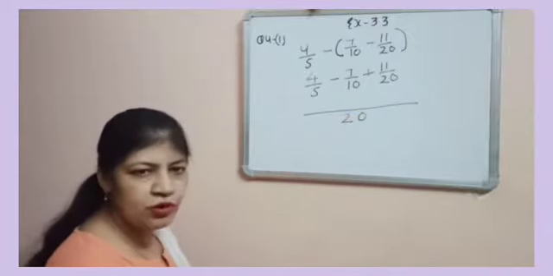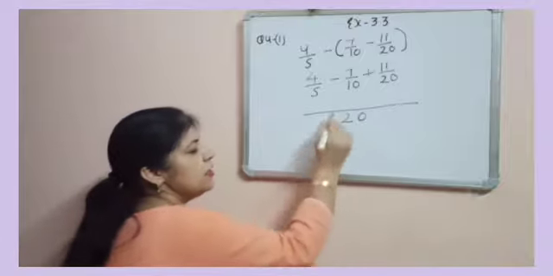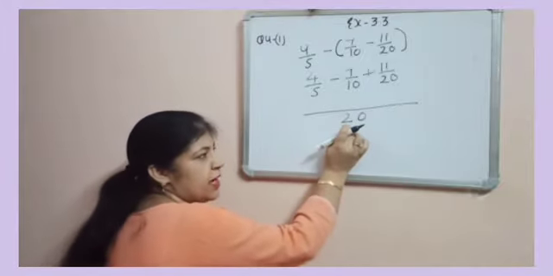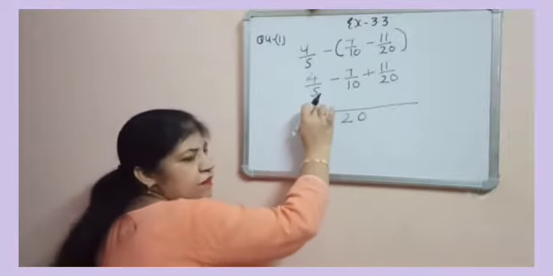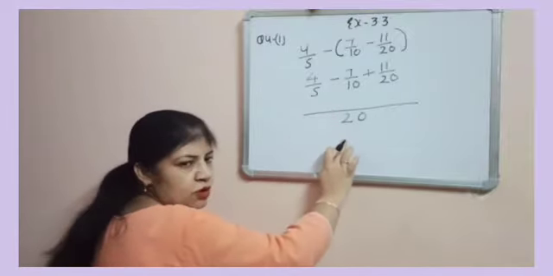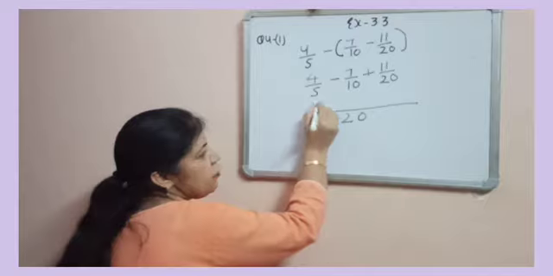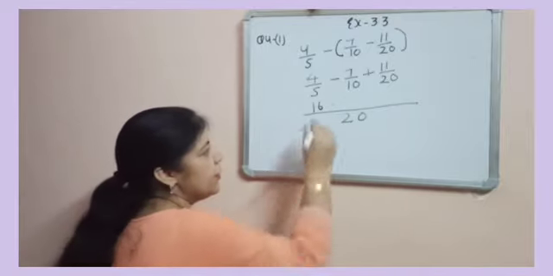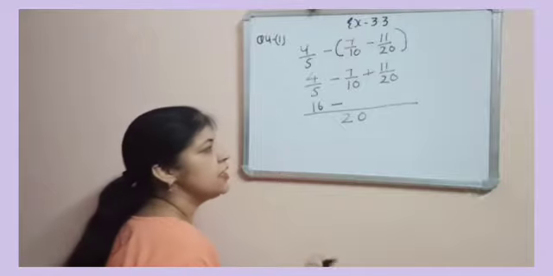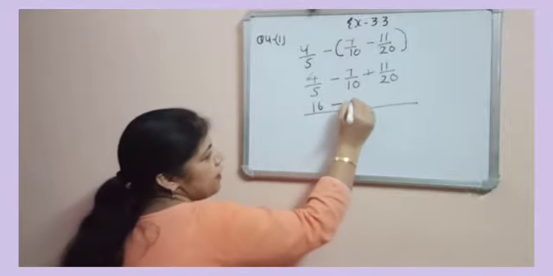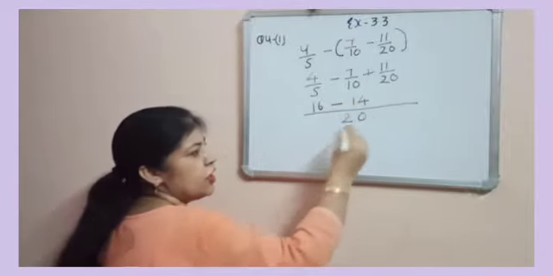Now you know the next step. Divide the LCM by the denominators. 20 by 5, you will get 4. 4 multiplied by 4, 16. Now divide 20 by 10. What will you get? 2, and multiply 2 by 7, 14.